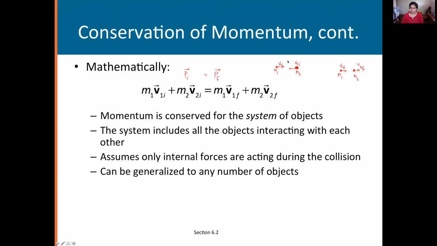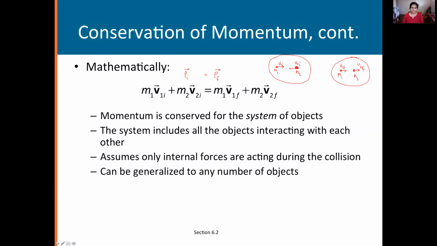This is my picture before collision. And I'm saying the total momentum here for this isolated system must equal the total momentum here for this isolated system. That's what this equation represents. So this is the initial part, m1 v1 initial, my initial momentum of the first object, plus the initial momentum of the second object, equals the sum of the momenta of the two objects finally.